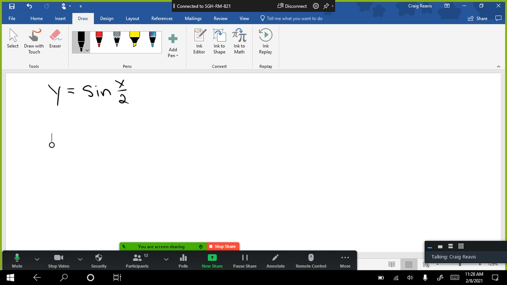What we want to be able to do when we get finished today is graph at least one cycle of this. If you can do one cycle, it just repeats itself, so you know what it looks like.